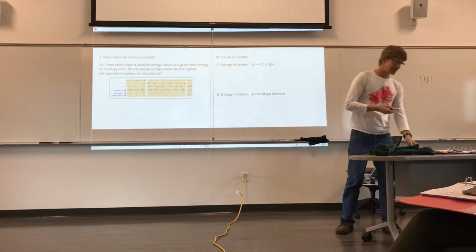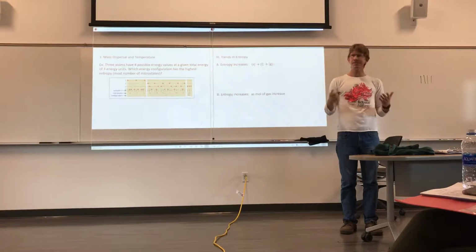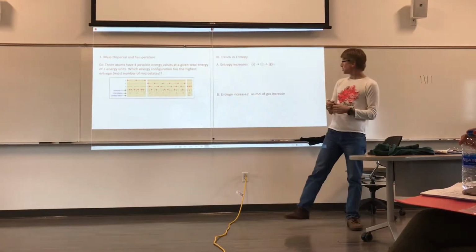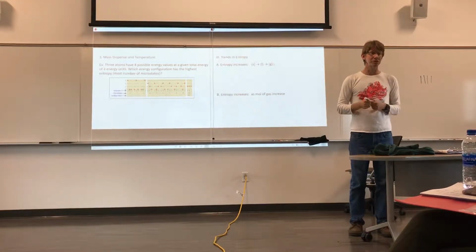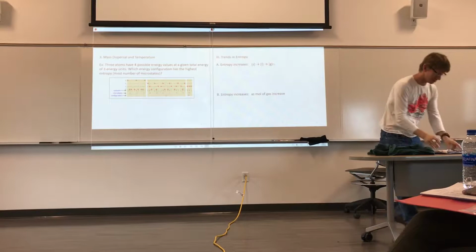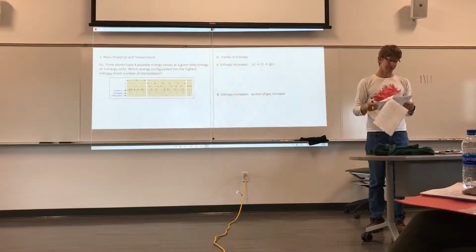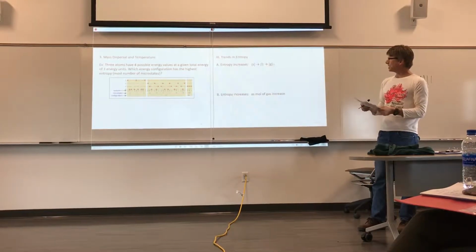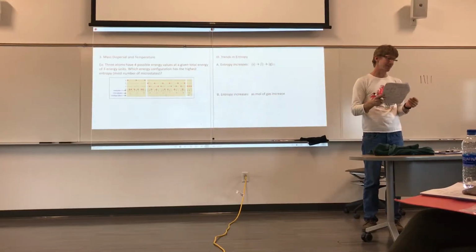And now we'll go on to some more concrete examples. For example, we'll talk about trends in entropy, and we'll actually start putting numbers to things. Entropy increases as you go from solid to liquid to gas state.